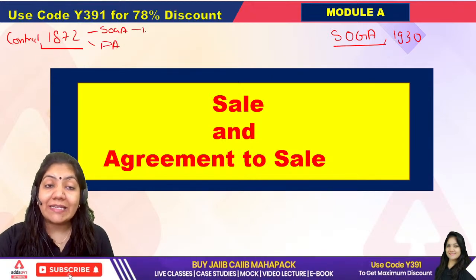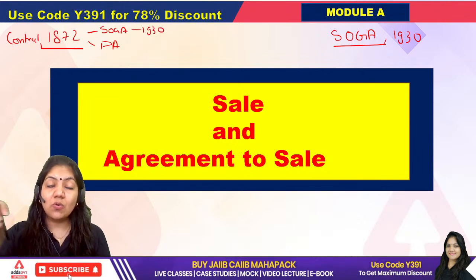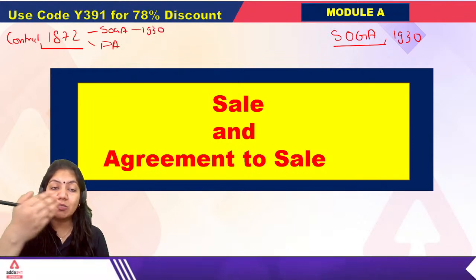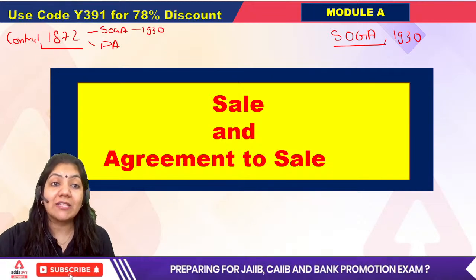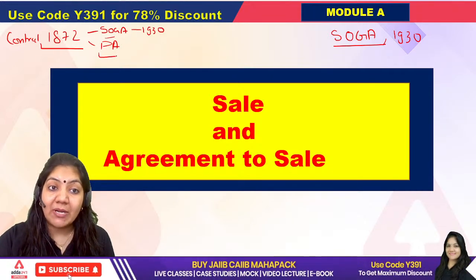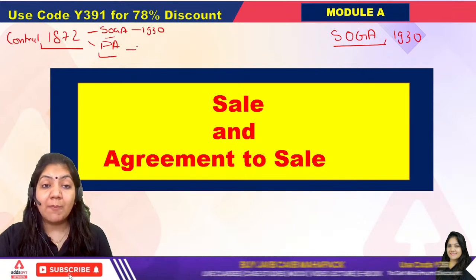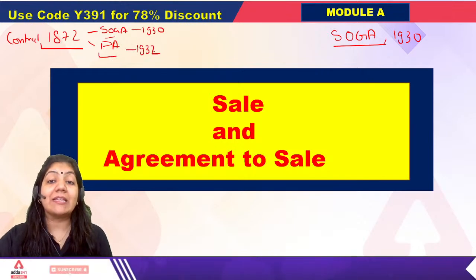But in 1930, SOGA was removed from the Contract Act and a new act was made, the Sale of Goods Act. The same thing happened to the Partnership Act, which is of 1932.